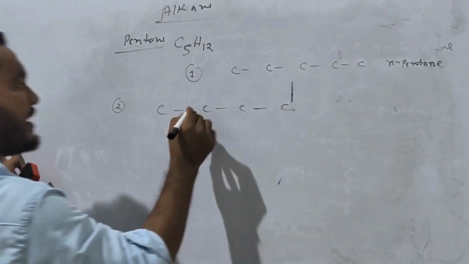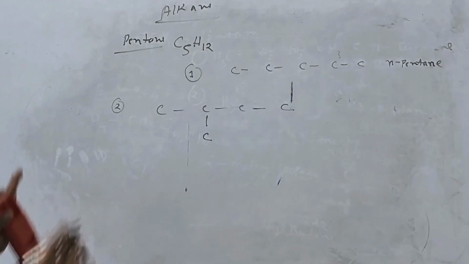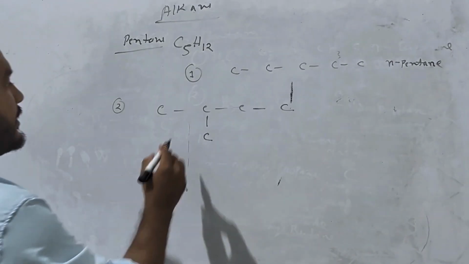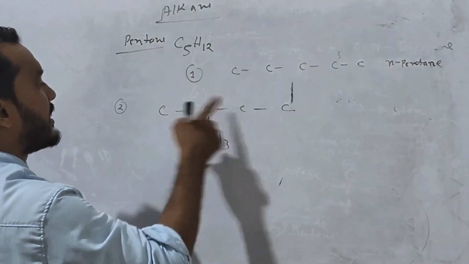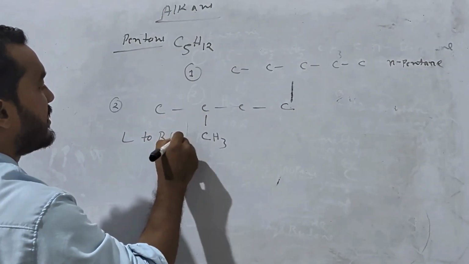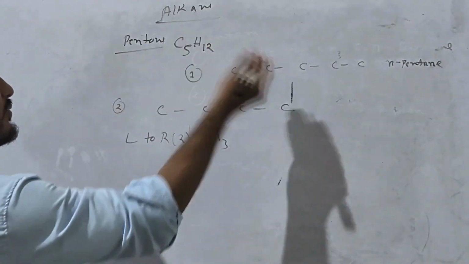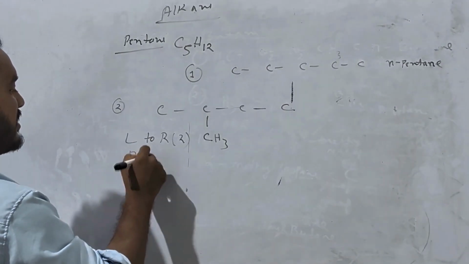If I place here 1 carbon, okay, now it is branched, you see. This is the methyl group. If you count from this side, from left to right, the methyl falls under where? Second position.